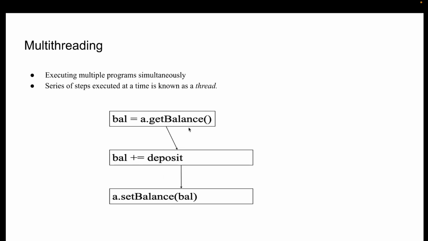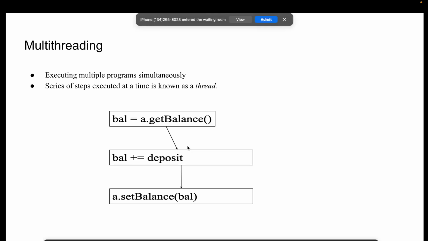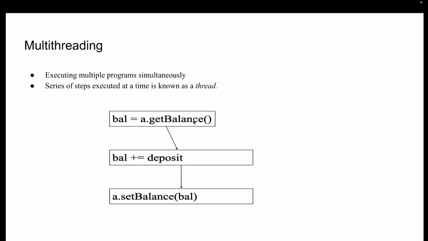These are some of the steps in a program, and we want threads to perform simultaneous execution on these methods. This can be achieved with the help of threads. So we have get balance, deposit, and set balance. These are some of the methods in your bank account class.